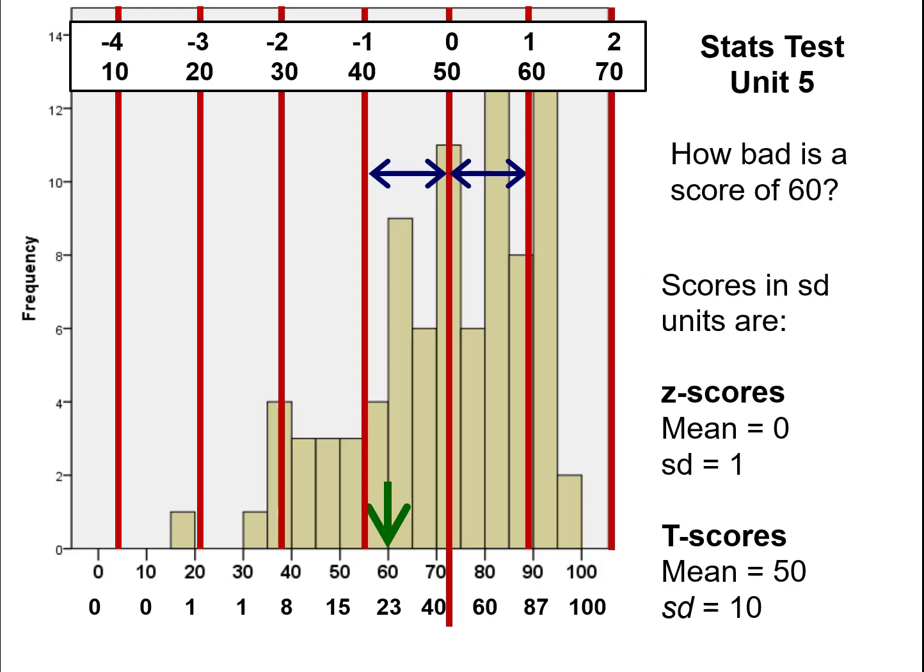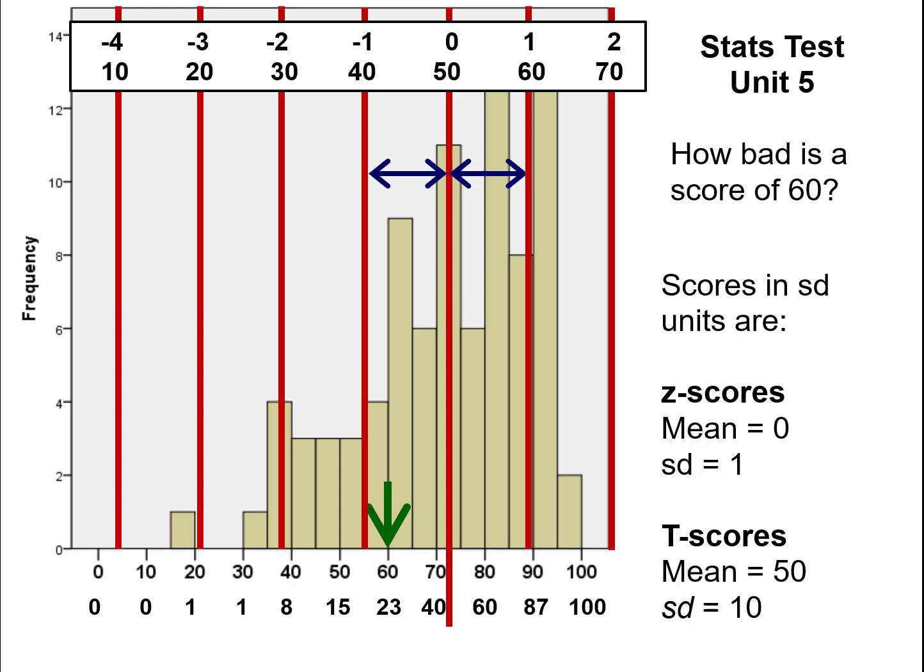So a z-score is a very effective and useful method for answering that question about whether a score is high or low. A z-score tells us whether a score is high or low by telling us how many standard deviation units a person scored above or below a mean. And that's useful because a standard deviation will always mean the same thing. A standard deviation always means the average distance that people deviate from the mean.